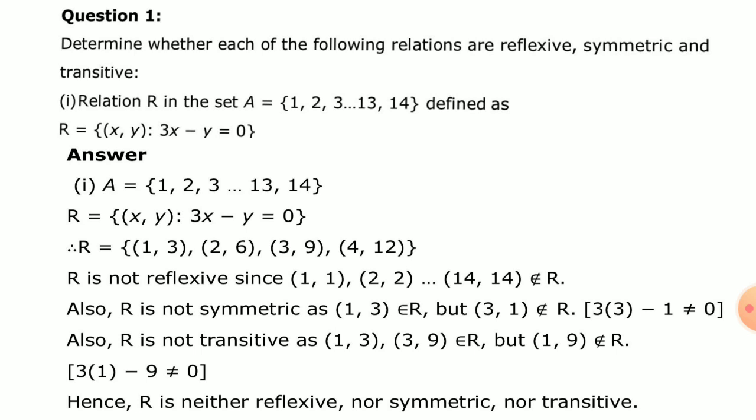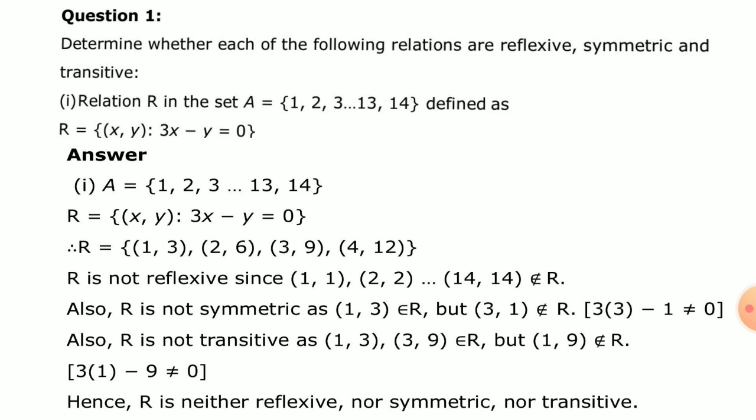So first of all, here set A is equal to {1, 2, 3, up to 13 and 14}. Here R is equal to the ordered pairs (x, y) with 3x minus y equal to 0. That means y is equal to 3x.